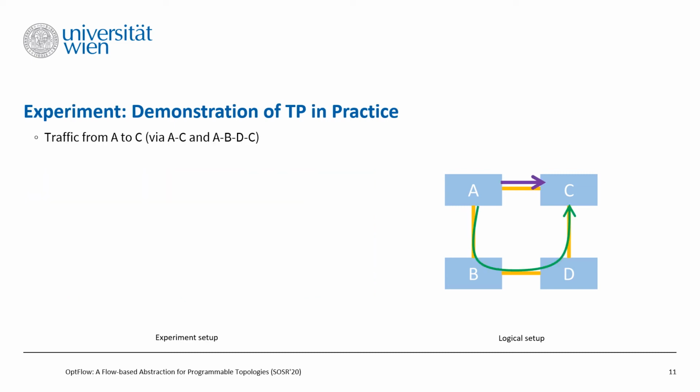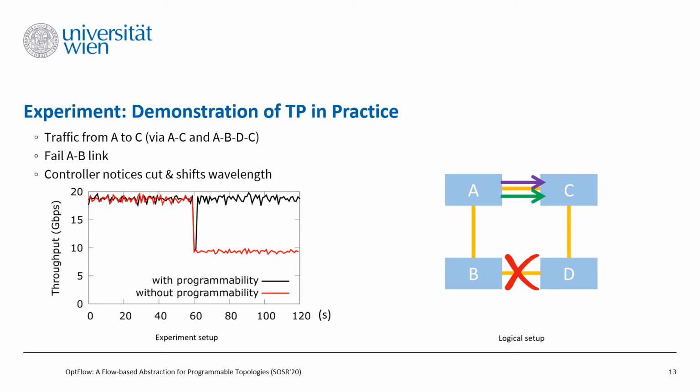What we will now do is send traffic from A to C over 2 different paths, and then fail a connection between B and D, such that we need to shift those wavelengths from A to C. When such a drop happens, our controller notices this, shifts the wavelength, and traffic can continue running. This is opposed to not having programmability, where you can see that the traffic drops and cannot go back up.